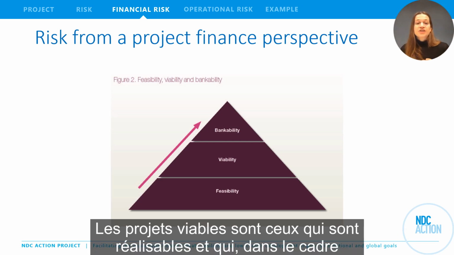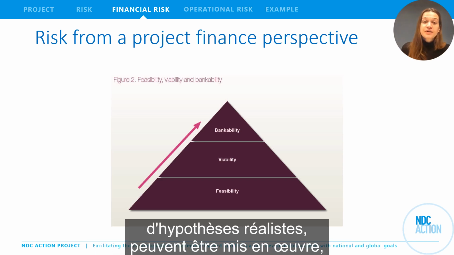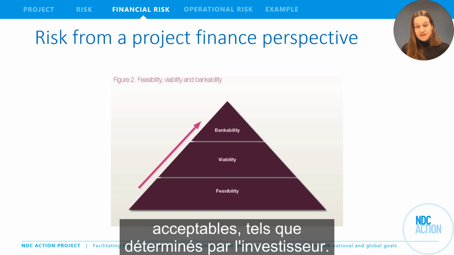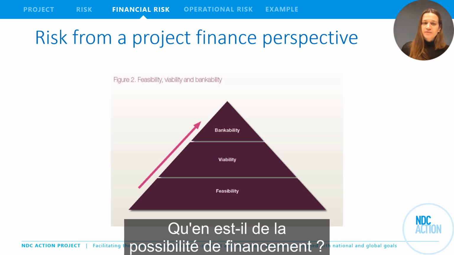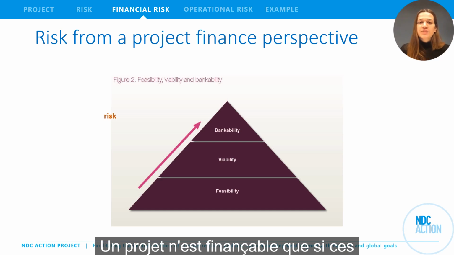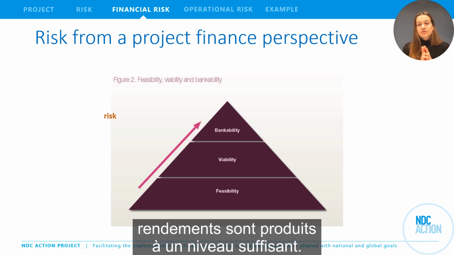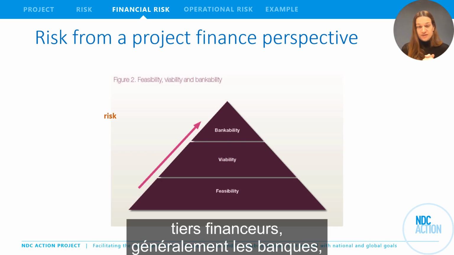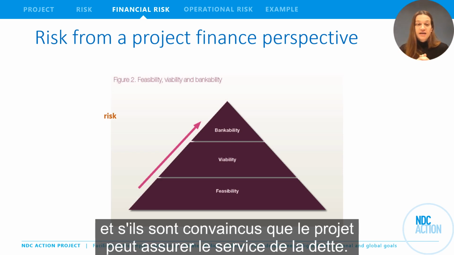Viable are projects that are feasible and that under realistic assumptions produce acceptable returns on investment as determined by the investor. What about bankable? A project is bankable only if such returns are produced with a sufficient level of certainty as perceived by third-party financiers, typically banks, and if they are convinced that the project can service the debt.